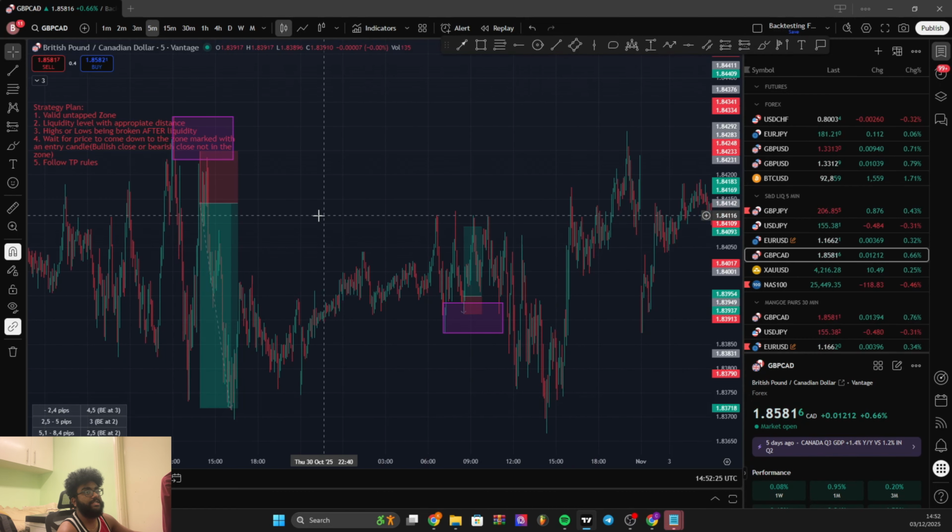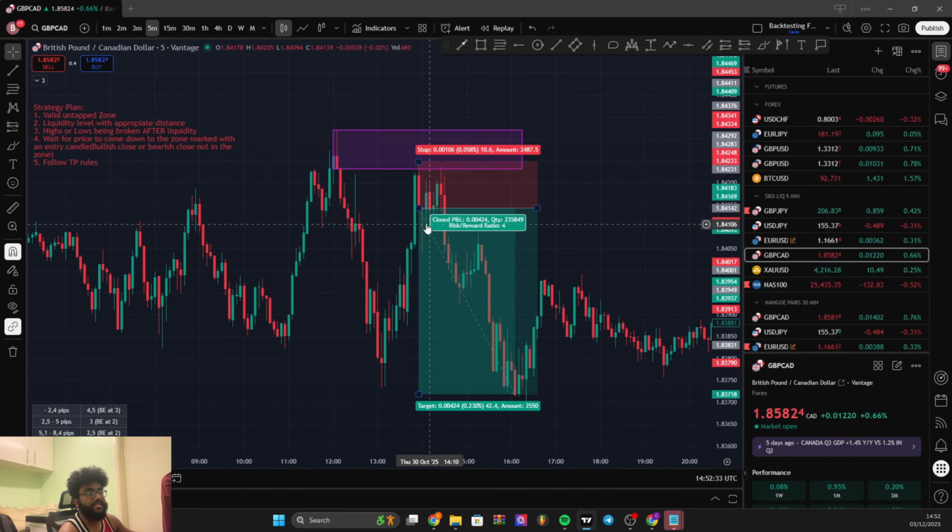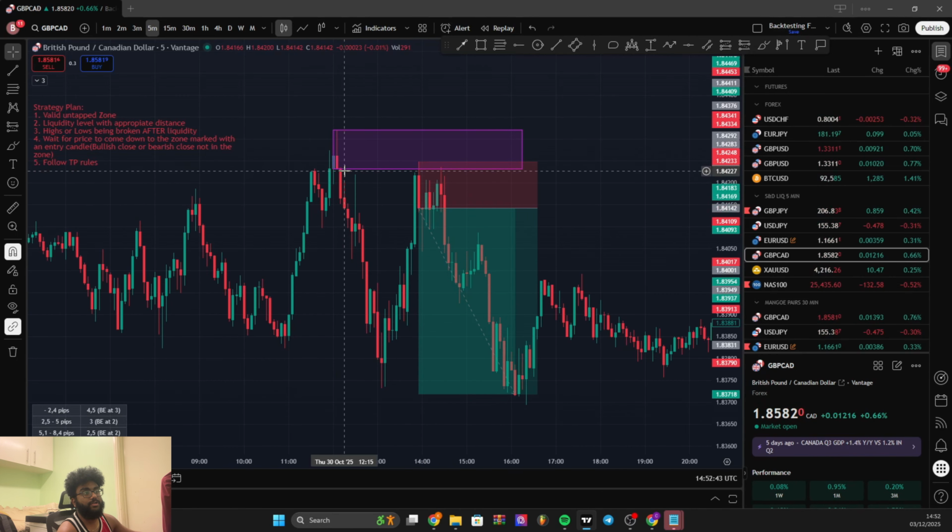Now I'm going to show you some entry criteria. With this trade that I previously took, I showed you that I took a standard entry, which is pretty much a candle closure, a red candle closure for supply.